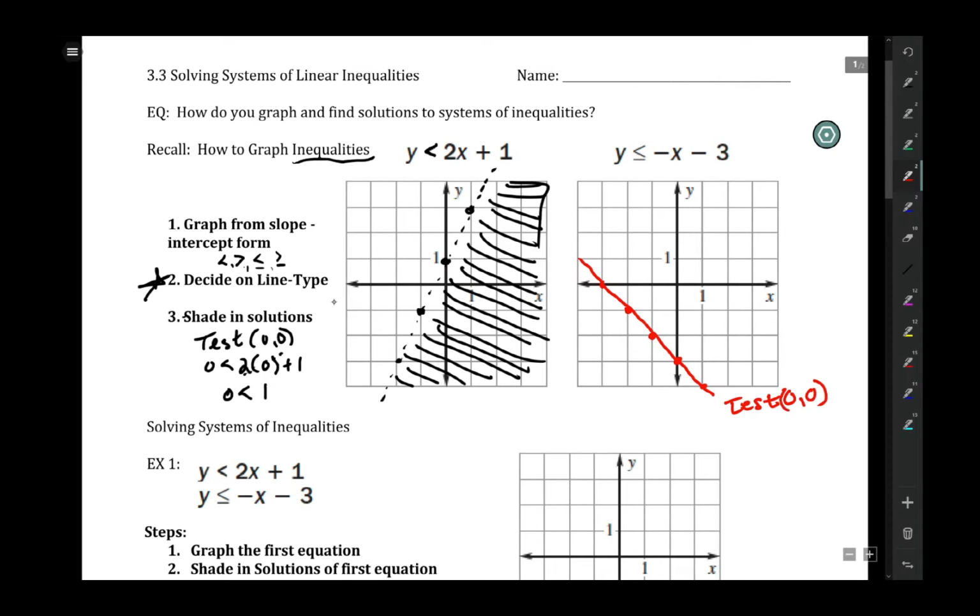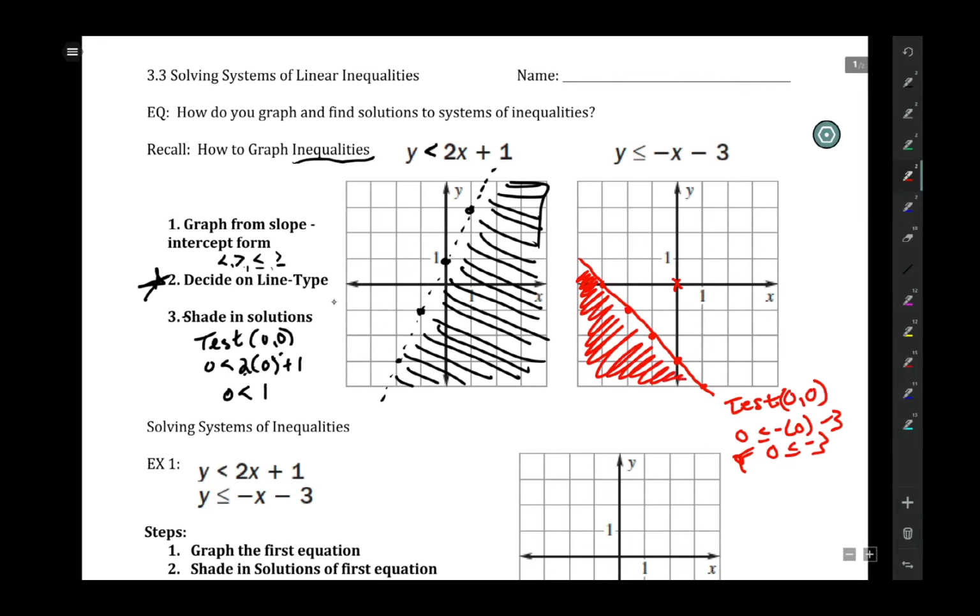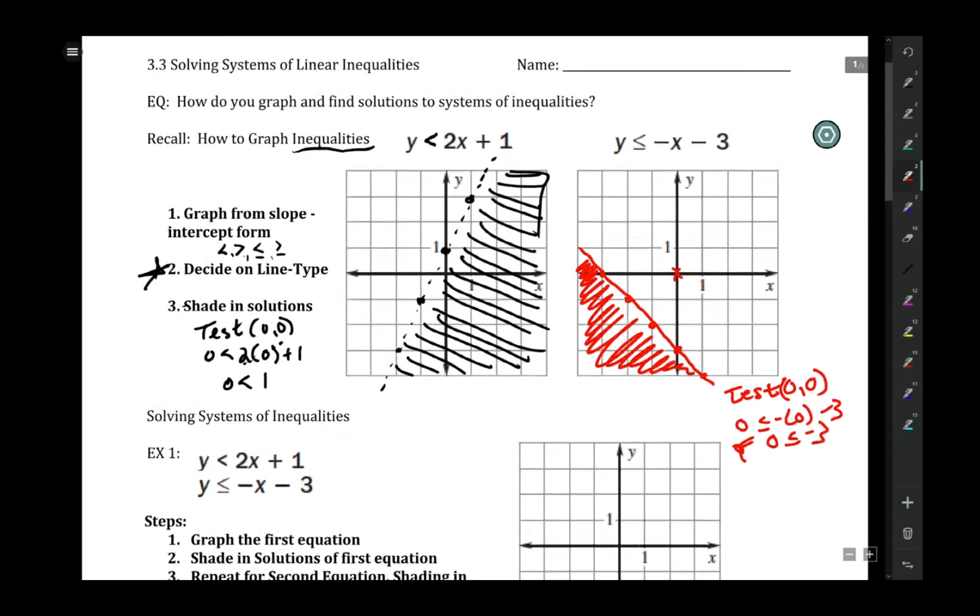So is 0 less than or equal to negative 0 minus 3? 0 is not less than negative 3, that's false. So I don't want to shade that point. Instead, I want to shade everywhere else. So that's a quick little review.